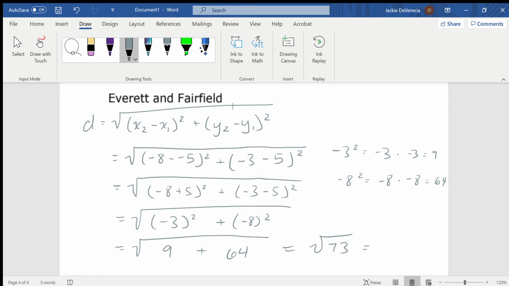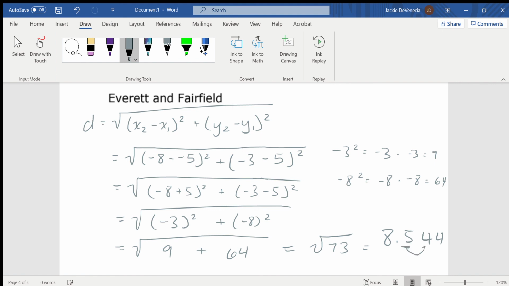So this one is going to give you a decimal. And if I were to go quickly put that into my calculator, the square root of 73, and I get something like 8.544. To round to the nearest tenths, this 5 is the tenths place.